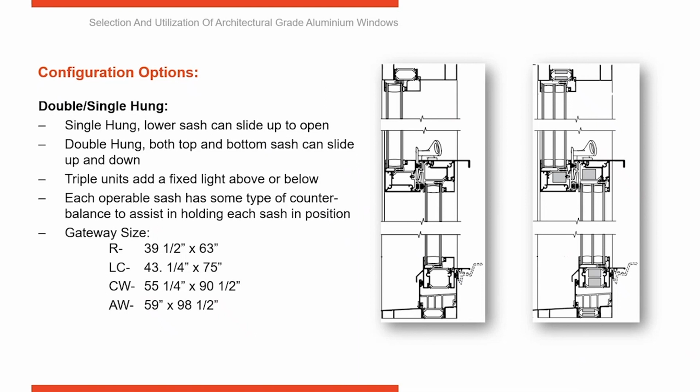But as an architect, what you always want to look at is the gateway size and compare that between each manufacturer. That way you're getting an apples to apples comparison. Again, note how the AW window is a much larger window. That's why we talked about being concerned about deflection limitation and limiting any permanent set or bend in the frames, because with AW windows, it's always a much larger window.